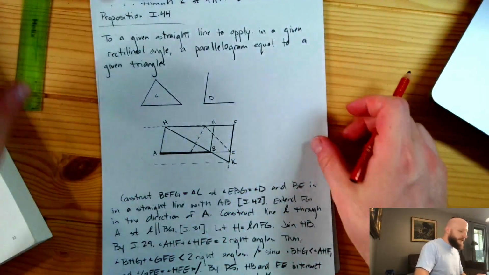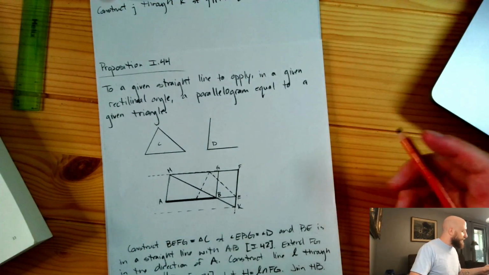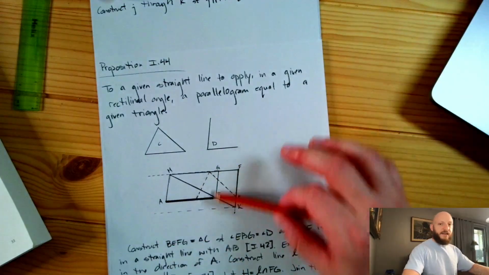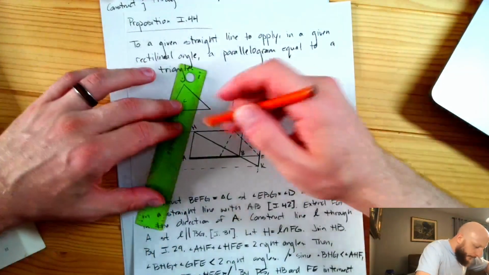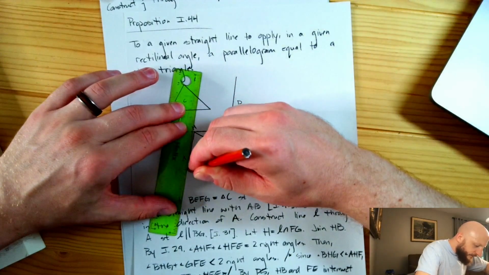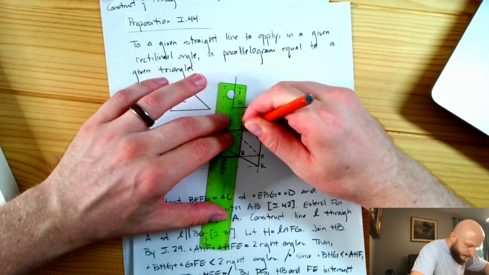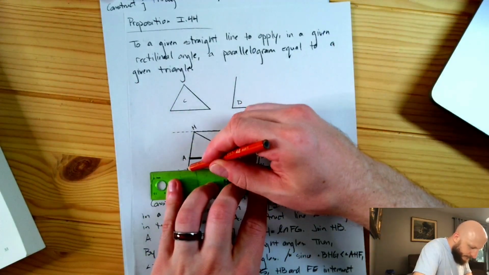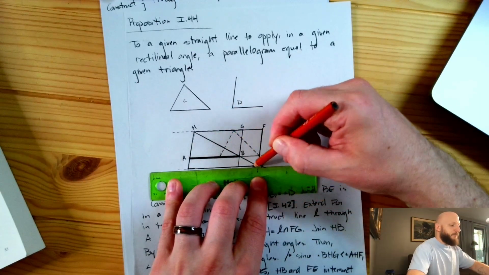And then what's the next piece say? And let HA and GB be produced to points L and M. So HA and GB both need to be extended out. And where they intersect with J, those are the points that will become L and M. There we go.